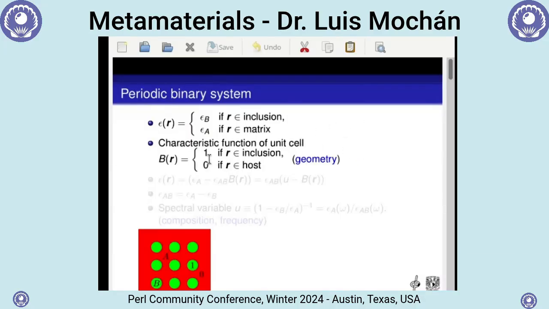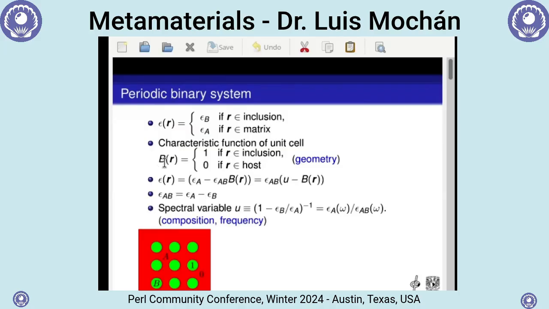We can characterize the geometry of this system by a characteristic function that takes two values: 1 when we are in the inclusion, the green regions, and 0 when we are in the host. So this takes care of the geometry.